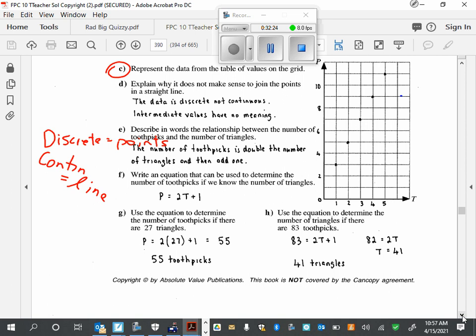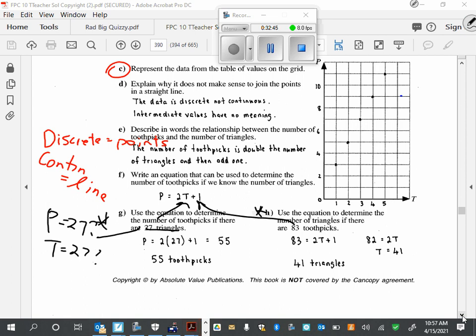So there's the formula, and please understand, when you get a question like this, you don't always just sub 27 into the formula and sub 83 into the formula, or you're going to get half of them wrong. When you get a question like that, you ask, is it P that equals 27 or T that equals 27? It says number of triangles. Go to your chart.